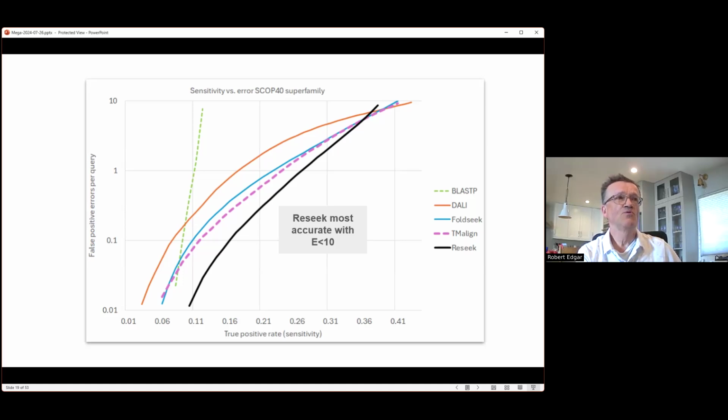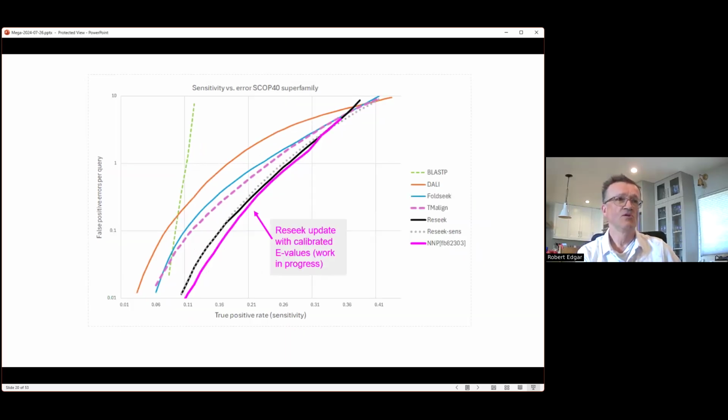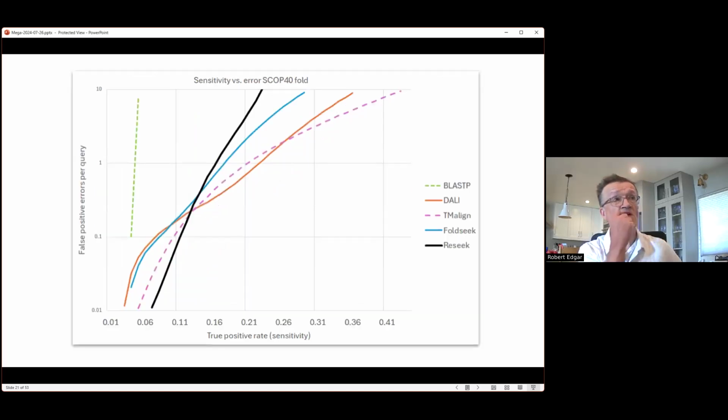And you'll see that below 10 errors per query, Reseek is clearly the more accurate because it's falling below all the other algorithms. Now, the other way you can validate is, and this is work in progress, improving the way the e-values are calculated. This is currently not on GitHub, so it's work in progress, but I believe that there are further improvements possible here.